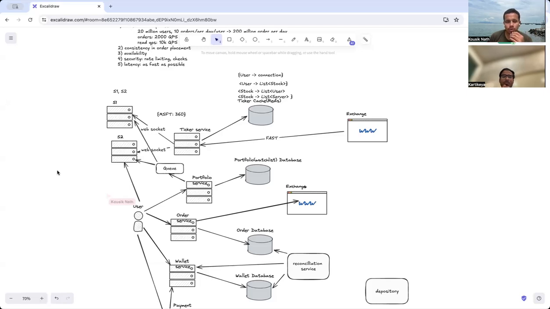So from my point of view, S1 and S2 should maintain a single-way connection with their own users, and the data should be streamed from the servers to the user, not the other way around, just to keep the system simple.